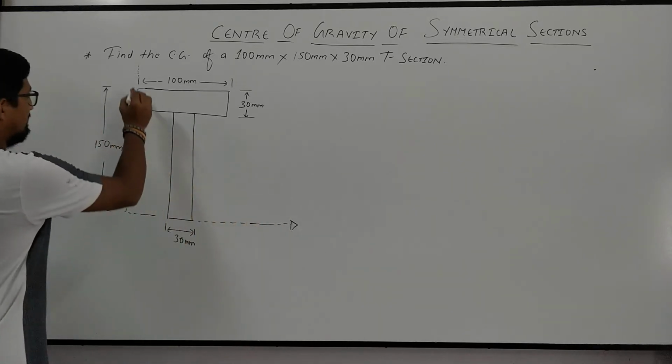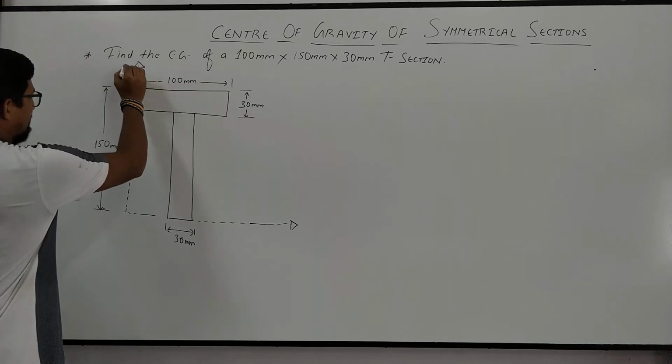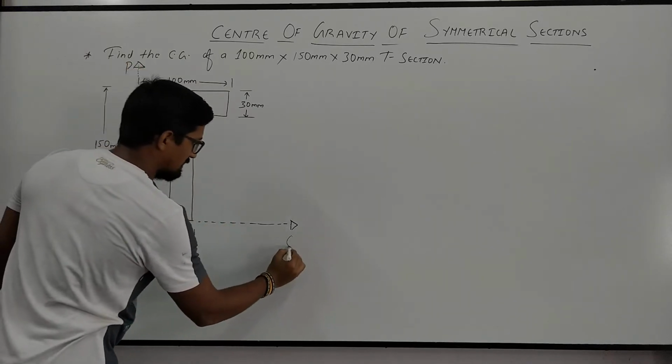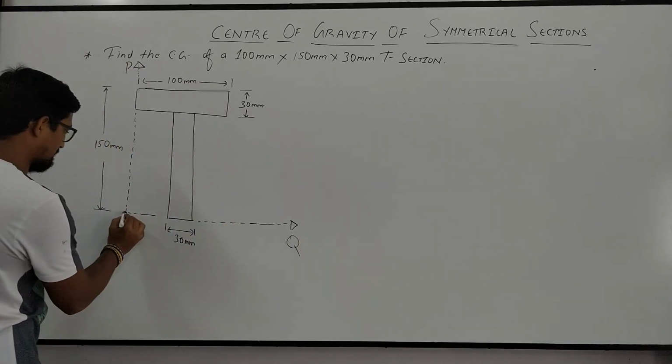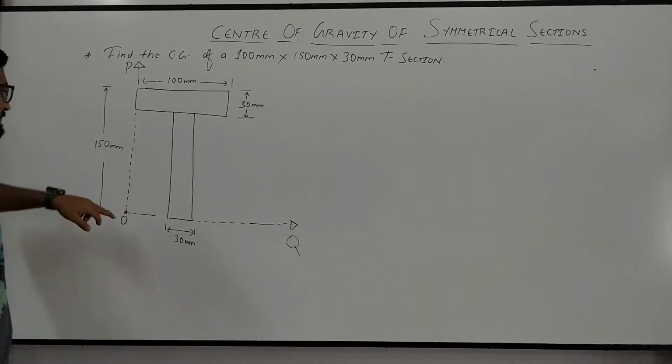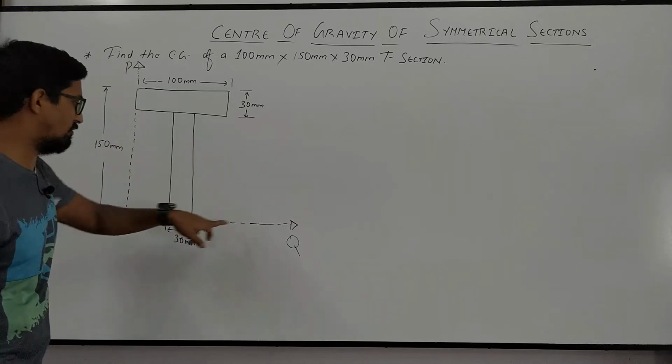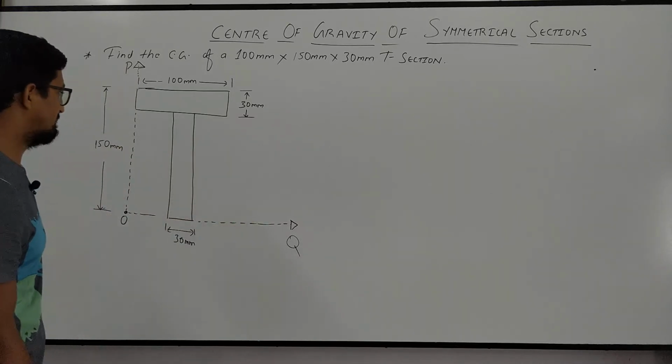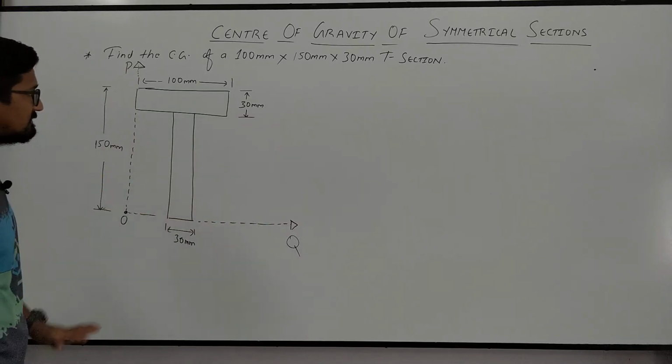So this is my reference axis. I will call this P, Q and the origin as O. So this POQ is my reference axis. OP is the vertical reference axis and OQ is the horizontal reference axis, correct?